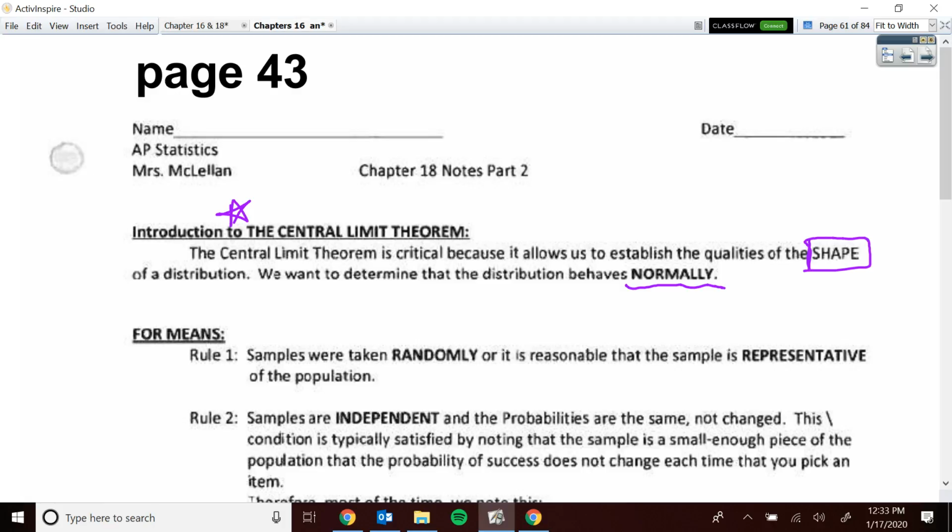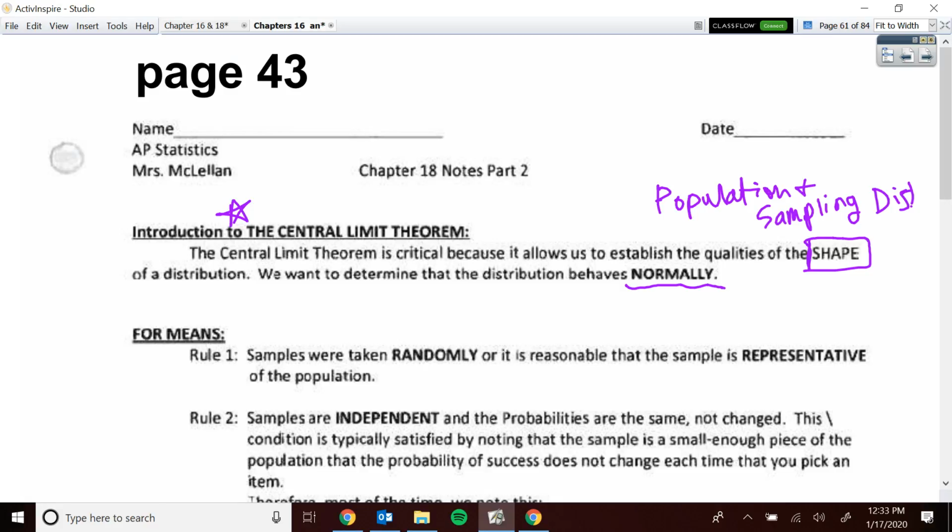Now, let me give you just one other caveat here. The central limit theorem, since it is about the shape of both the population and the sampling distribution, technically is meant for means only.